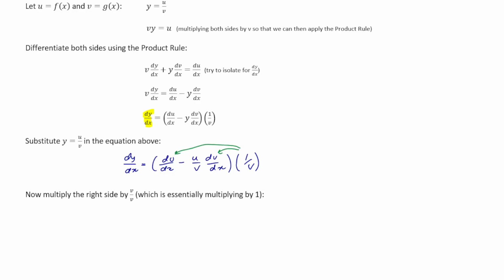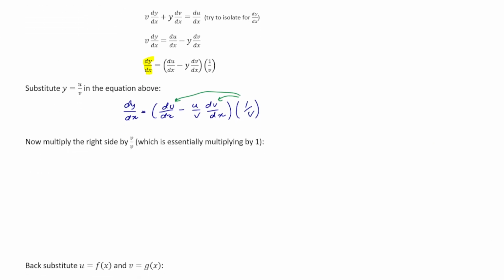By distributing the 1 over v, I should end up with dy dx is equal to 1 over v du dx minus u over v squared dv dx.